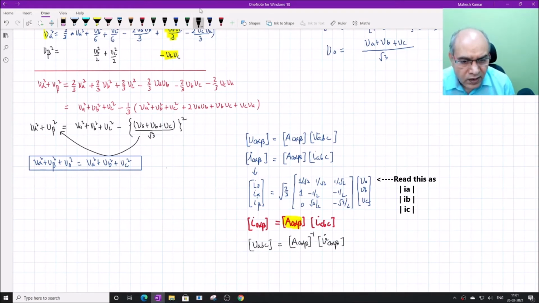Similarly we can use the current expression, expressing the current in terms of the transformed components. For example, IABC should be equal to A0 alpha beta inverse into I0 alpha beta.